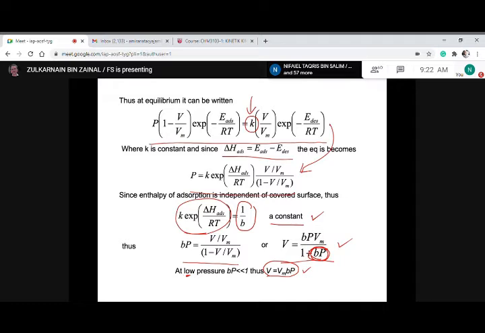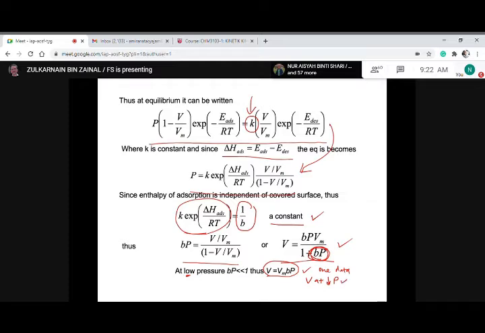So meaning that what you can get from here is that you can use one data point to get the surface area. You have to determine the V value, V at low pressure.